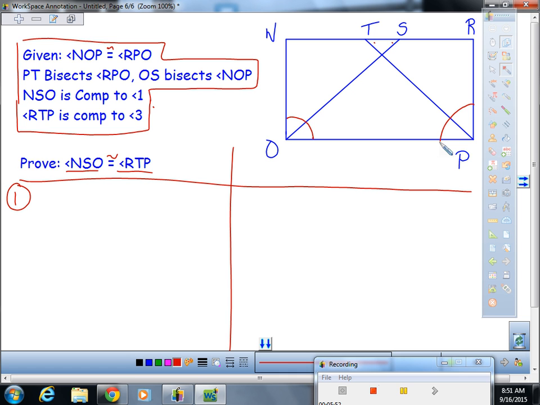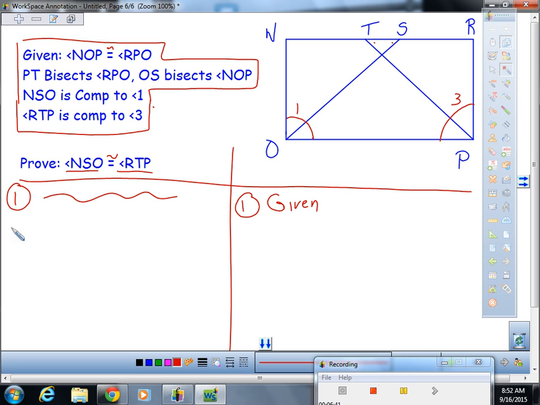What are angle 1 and 3? Ooh, let's put angle 1 and 3 on there. Clearly, you can see angle 1 and 3 have been there the entire time, Grant. I don't know what you were looking at, but they were there the whole time. All right, so we've got NOP is congruent to RPO. PT bisects RPO. So I'm putting all that. That's my givens. You are not allowed to do that. I'm saving us a little time today, okay?